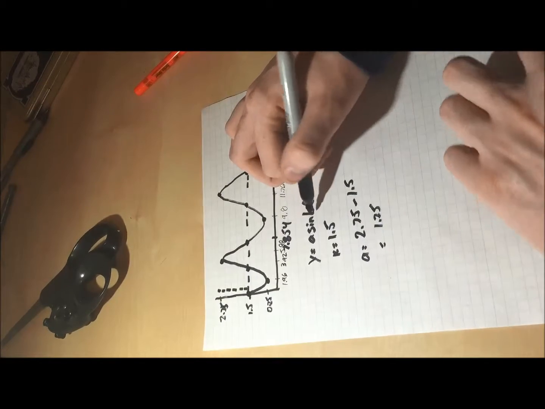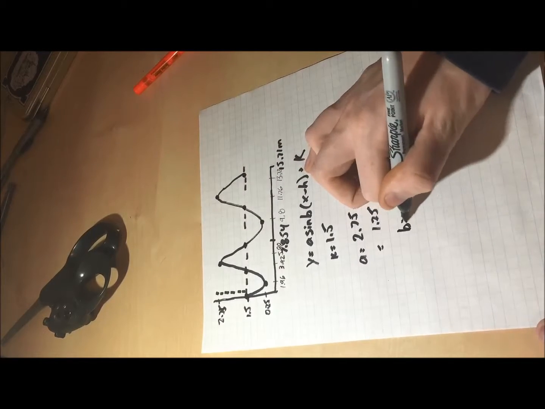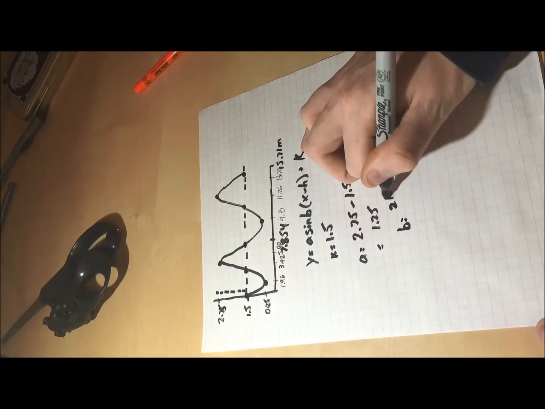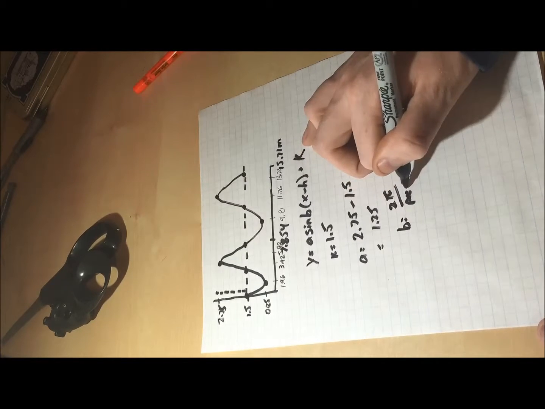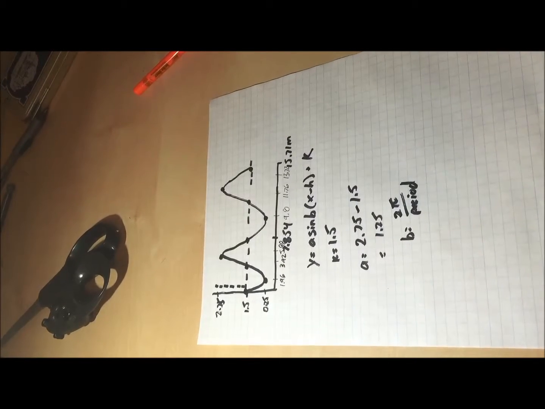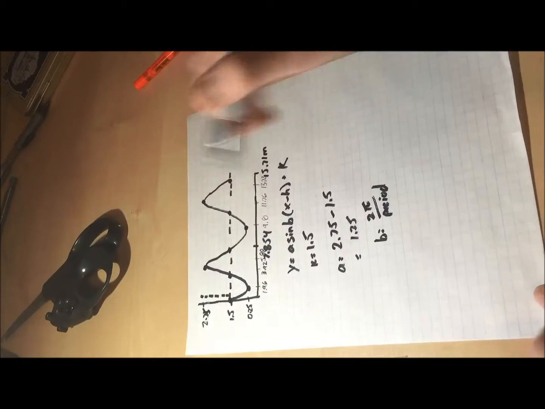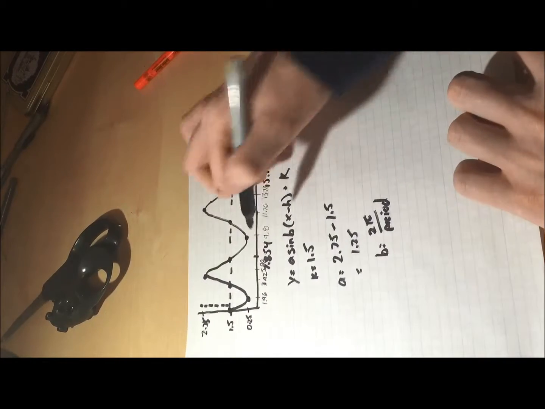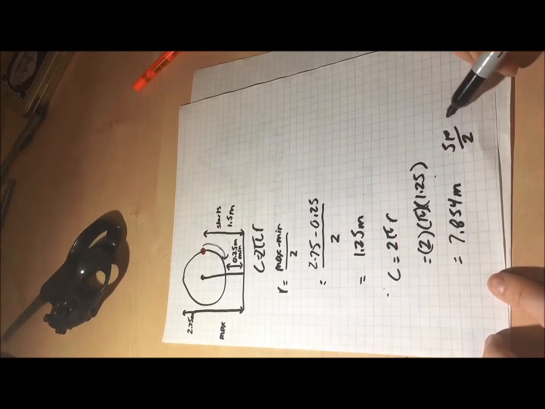And now the final one that we need to calculate is the b value. So the b value can be written out as 2 pi divided by the period. All right. And since our period here is 7.854 meters, we will put it into radians form. As I showed you earlier, our height can also be written as 5 pi over 2.